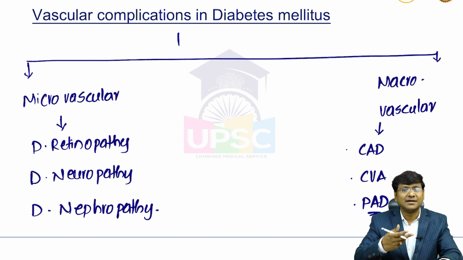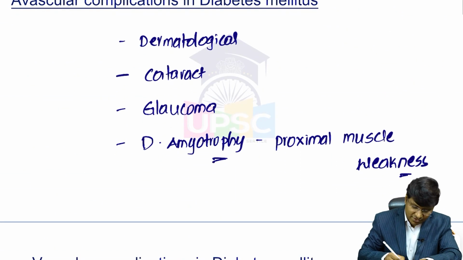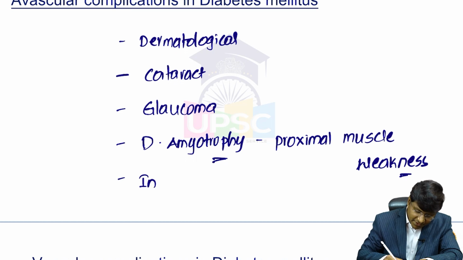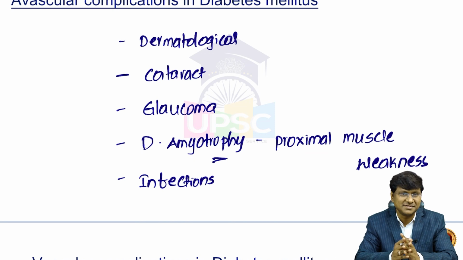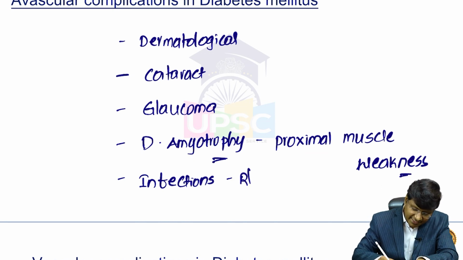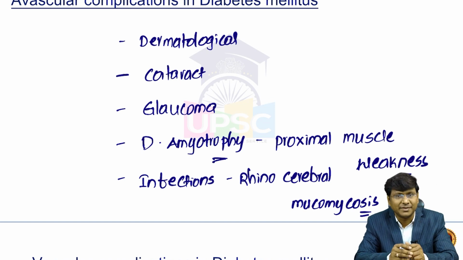And one more important avascular complication will be infections. These individuals are more prone to infections. And what infections are very commonly observed in diabetic patients are the fungal infections. And these fungal infections include rhinocerebral mucormycosis.